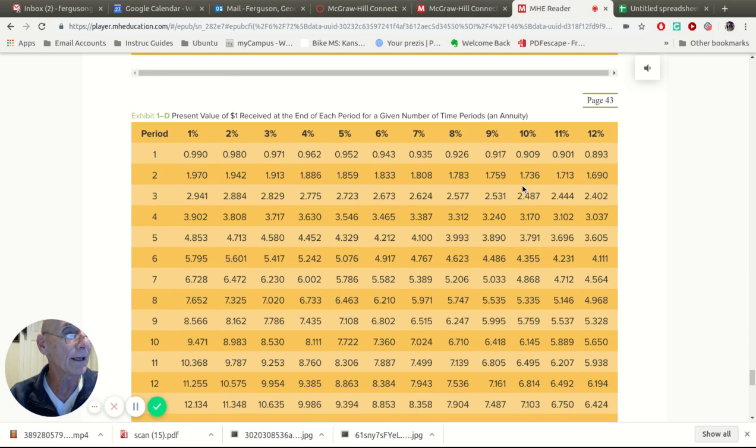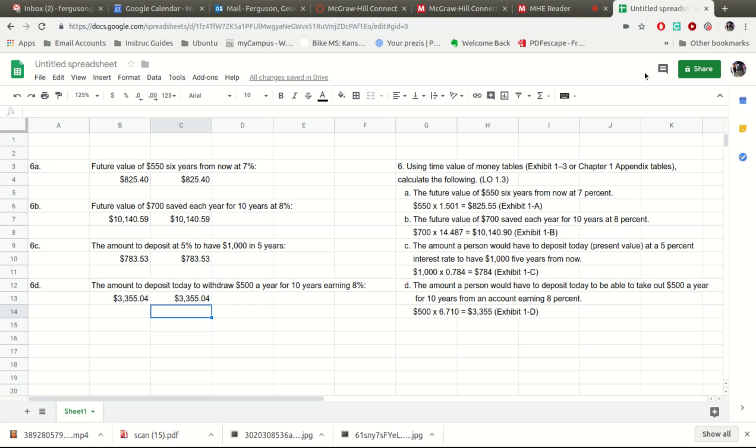We're going to take $500 out a year for 10 years at 8%. Where does it intersect? 6.710. So if I take that $500 times the 6.710, it works out to $3,355.